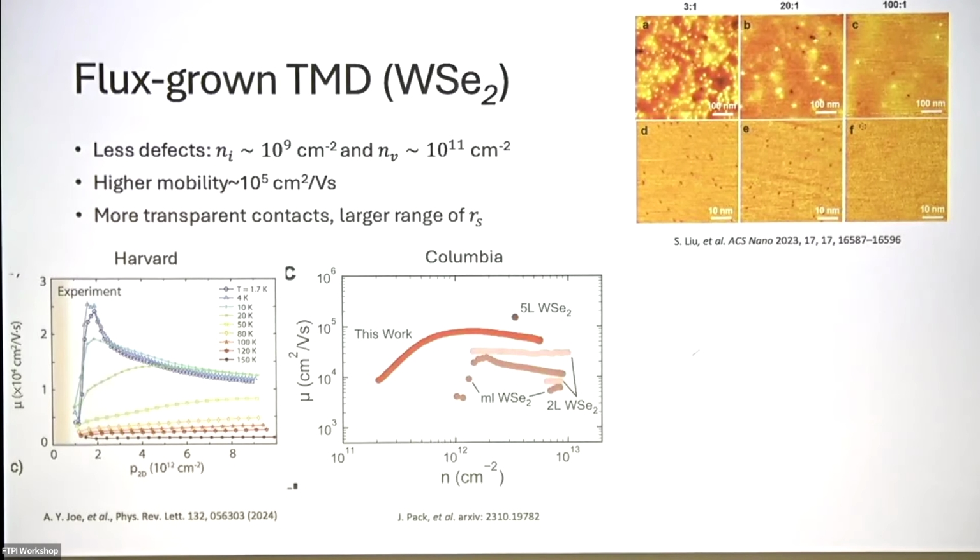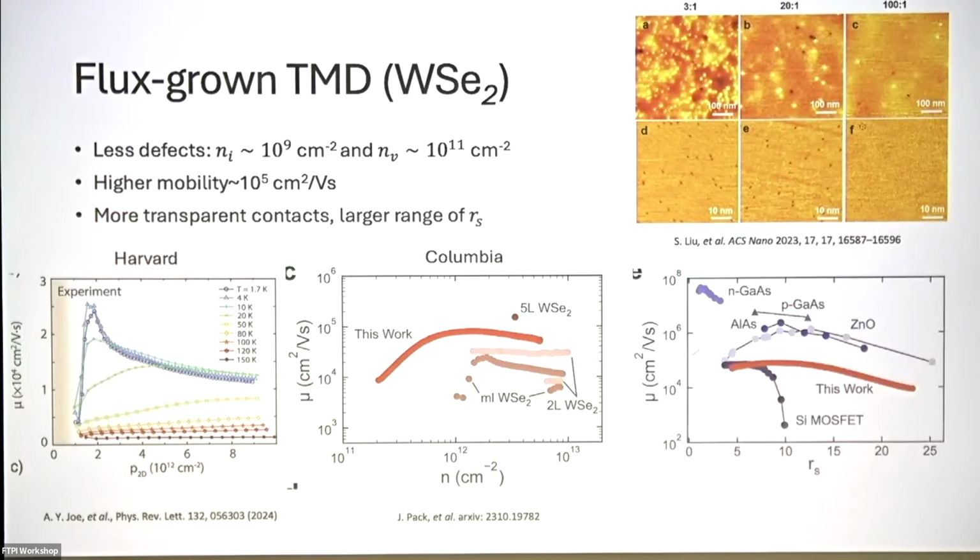So here I show you the result from Philip Kim's group. This is their mobility density curves. Different colors indicate different temperatures, and at lowest temperature they can reach like 30,000 for mobility. And for the Gorodetsky sample, these thick red lines, they can reach 80,000 at lowest temperature.